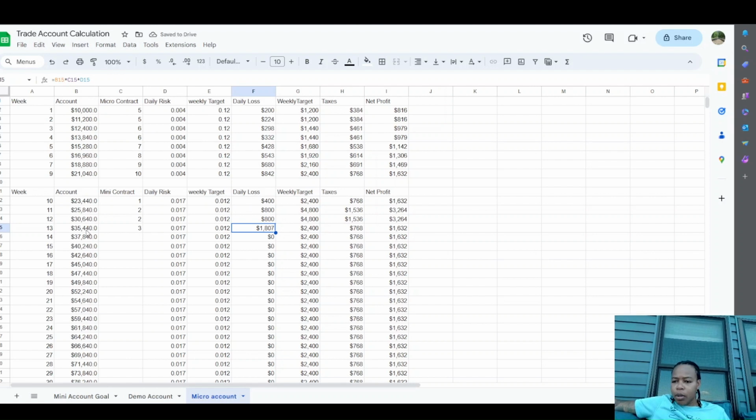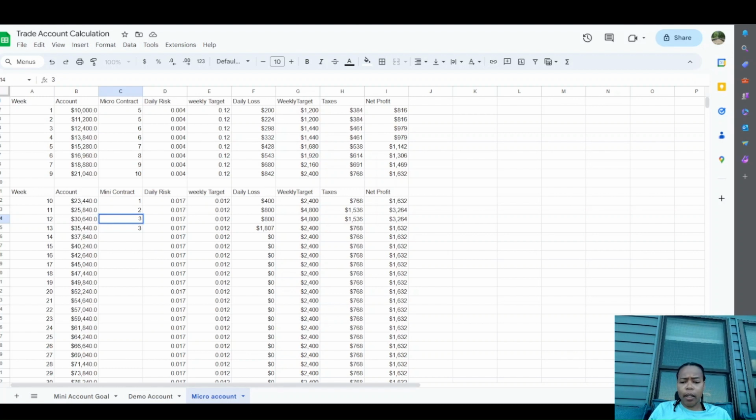Okay, so when I get to 30 is when I get to 3 contracts. So every 10K, I'm going to add a contract, approximately. So 20K, once we get to 30K, I add one more contract. Let's see what that looks like loss-wise. So, with 3 contracts, now we're looking to make 2,400 per trade times 3 times a week. That's 7,200.